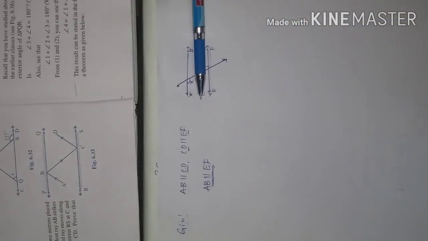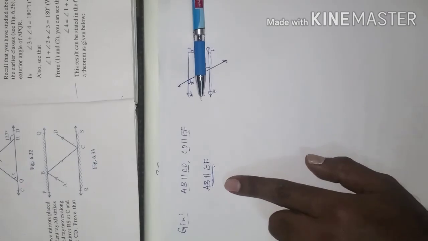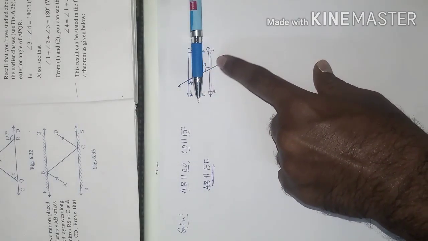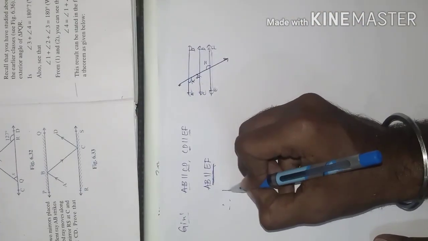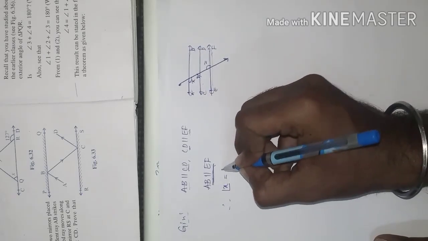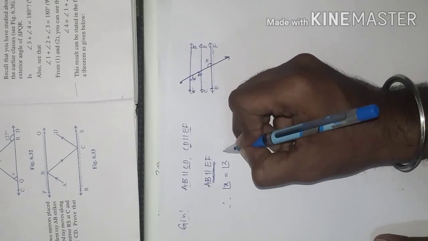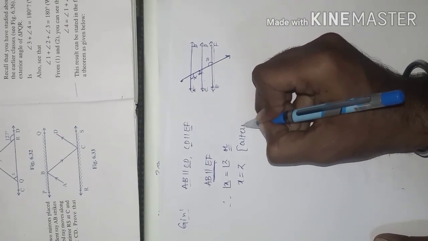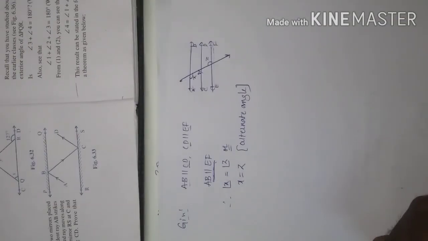If I remove this line, can you see only two lines are there, AB and EF, and they are parallel to each other? It means alternate angles are equal, angle x and angle z are equal. So we can write x is equal to z because of alternate angles. Clear with this?